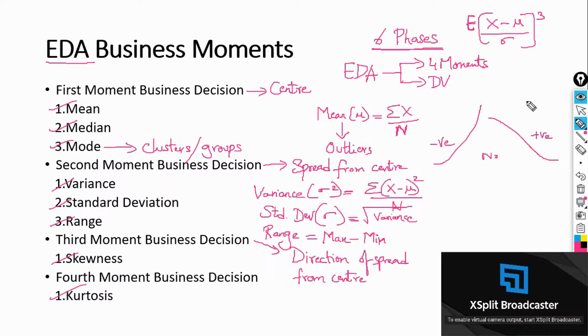Before I show you the plots, can you tell me the Python functions that are used to calculate all these measures? For mean, what function did we use?